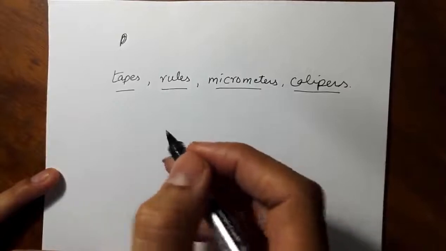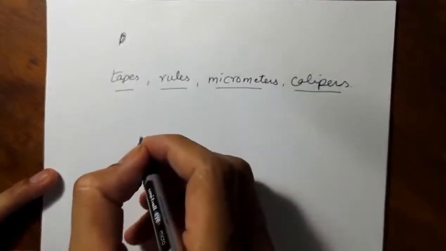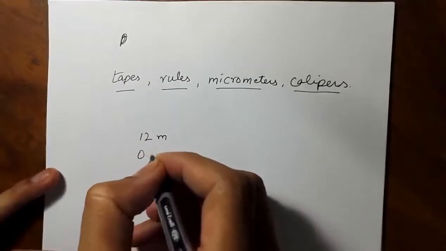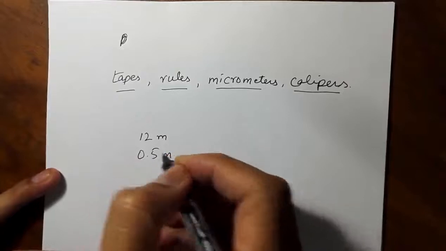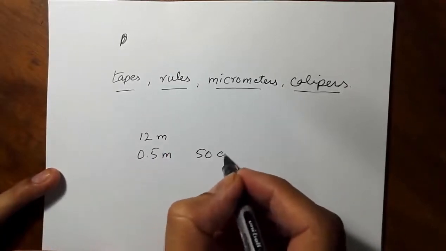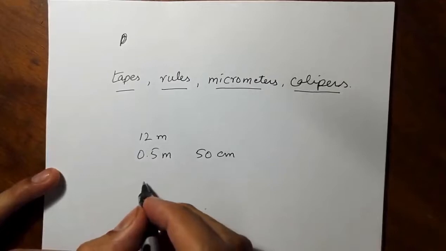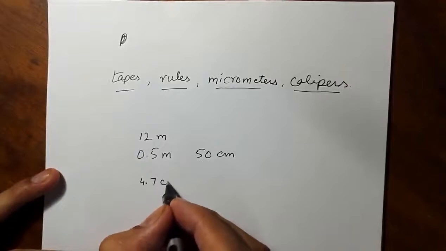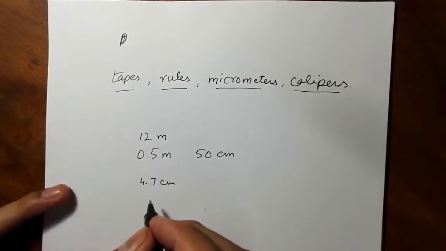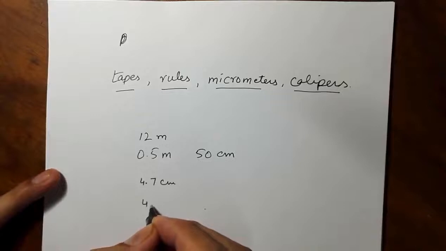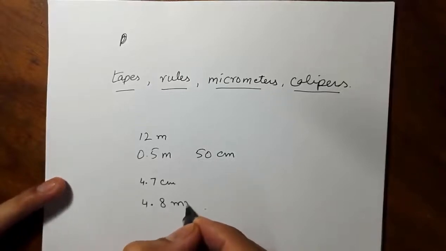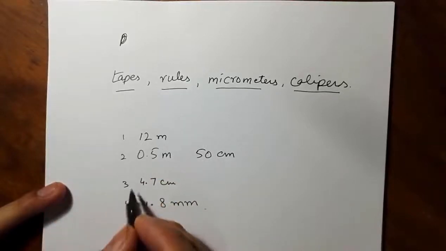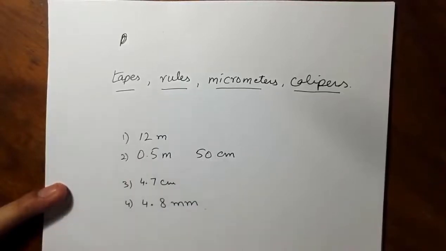I'll write down here four types of lengths: 12 meter, 0.5 meter, or I can write it as 50 centimeter, and 4.7 centimeter, or I can write it as 4.8 millimeters. So 1, 2, 3, 4. There are these four types of lengths.